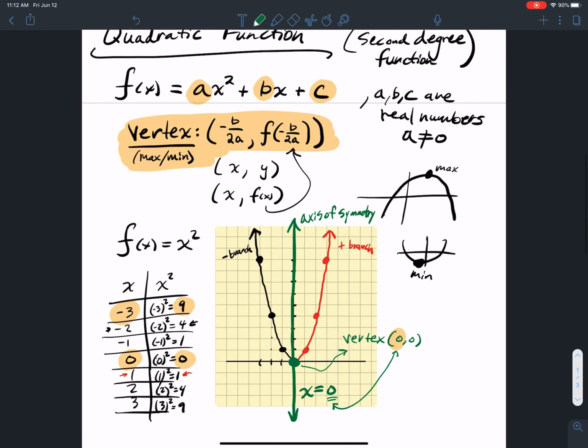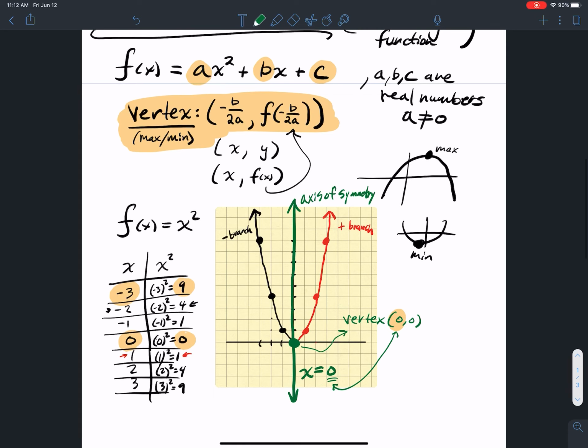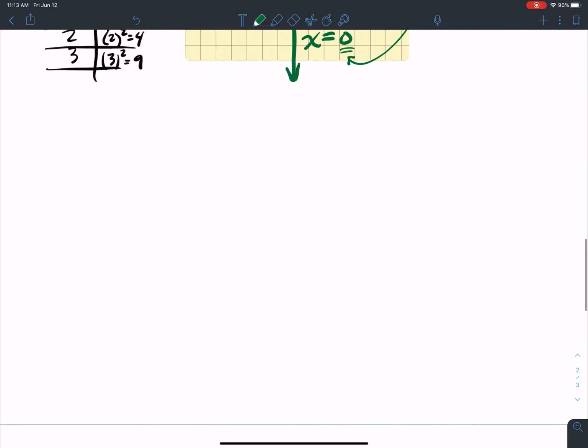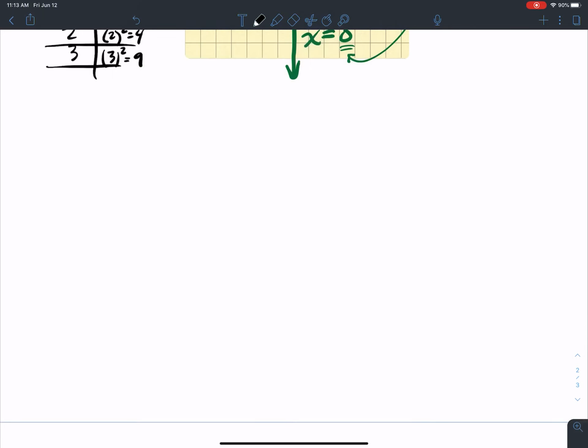Okay, so what we're going to do is we're going to take this quadratic and do some transformations on it, see what all transformations we can make. So the first one is g of x equals x minus 3 quantity squared.